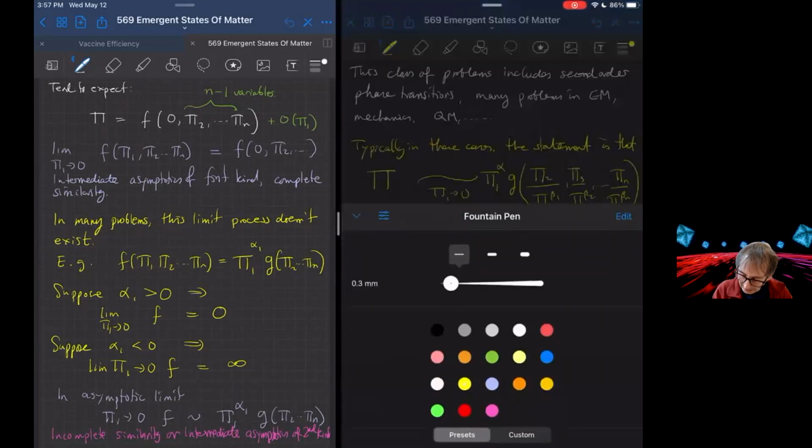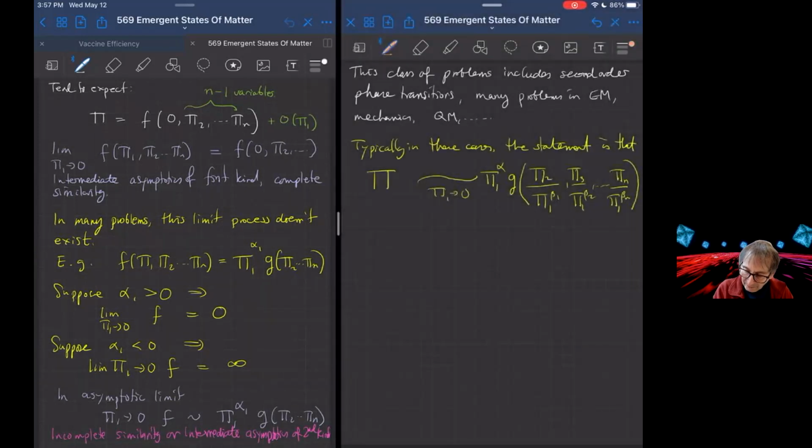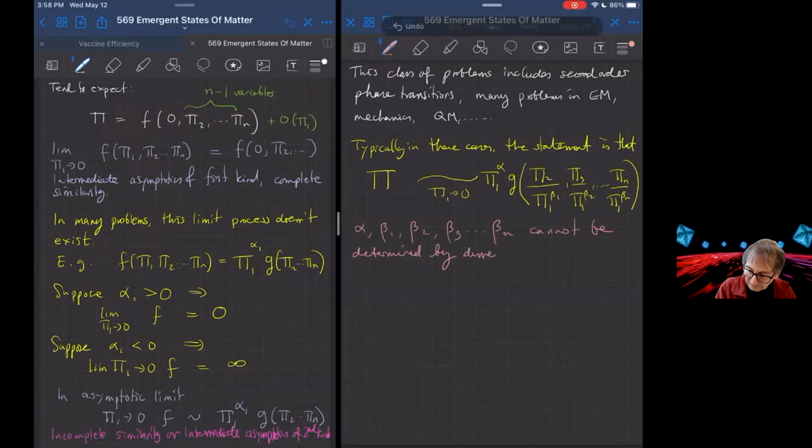And these exponents, alpha, beta 1, beta 2, beta 3, up to beta n, cannot be determined by dimensional analysis. And why?